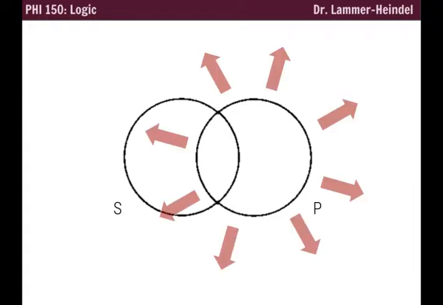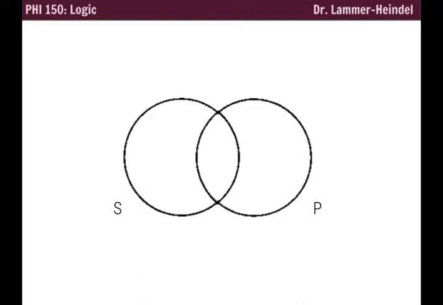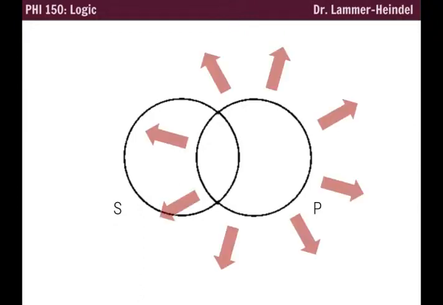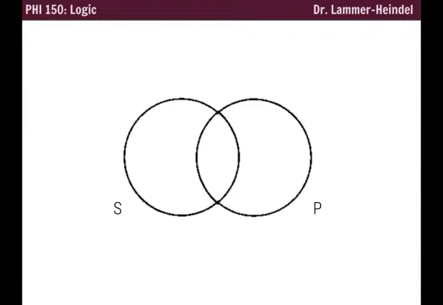So I know that's where I'm going to do my work. Whatever I shade or indicate is going to be somewhere outside of the P circle, because that's the non-P's. Now, what I'm told about the non-P's is that all of them are non-S's, or in other words, none of them are S's.